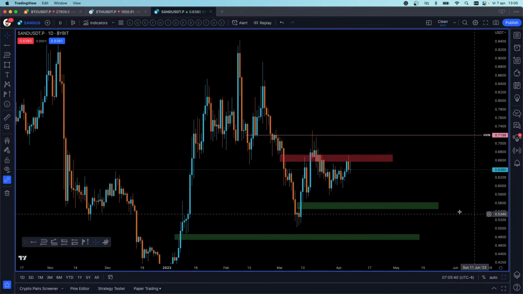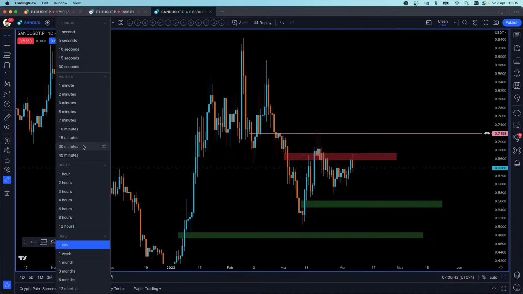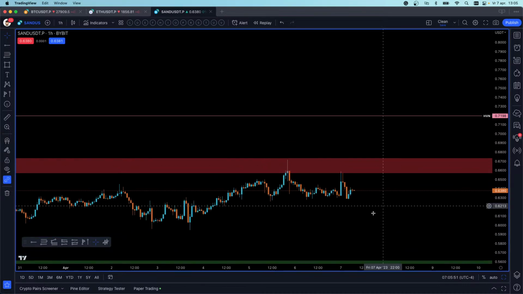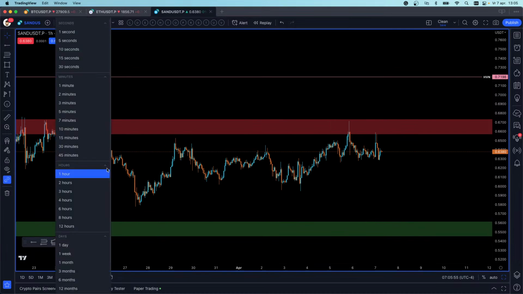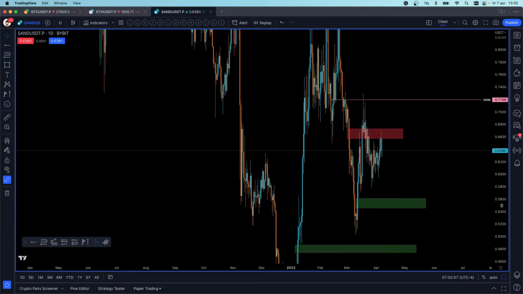So as you can see, if it was here, we could look for the reversal. And right here, it's not really giving me much to trade with, to be honest. No, this is a no trade zone.